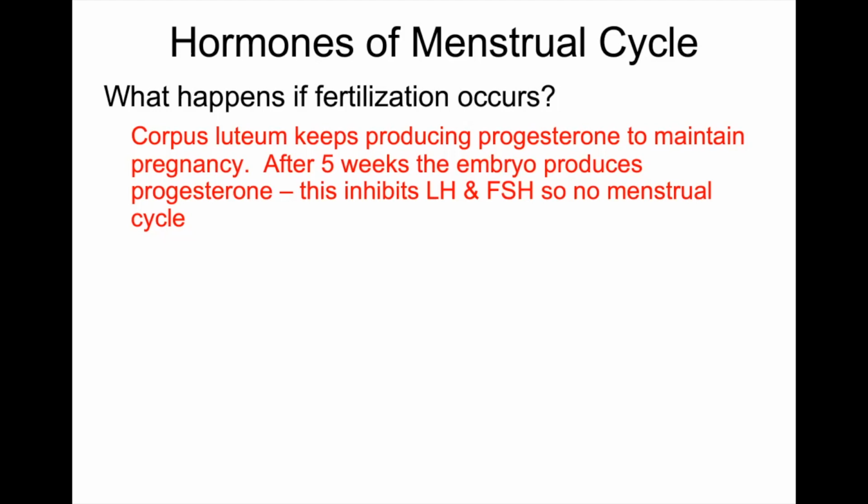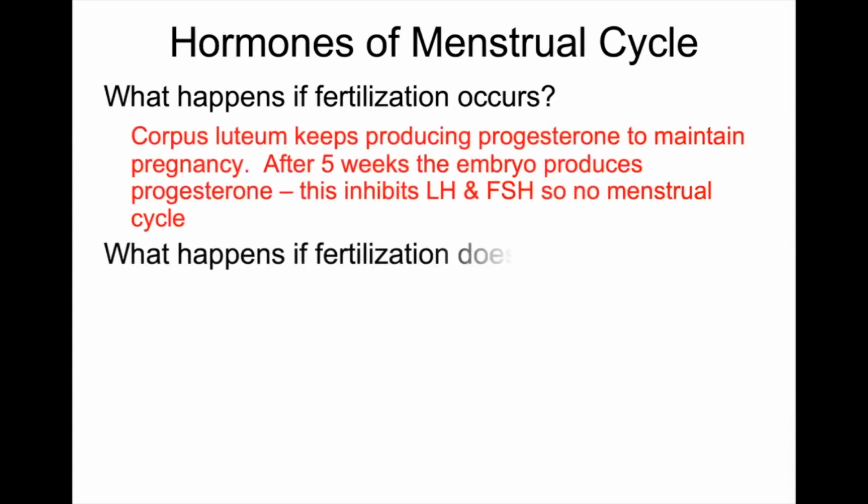The idea here is that progesterone is important to maintain the pregnancy. As a result of heightened progesterone feedback, you tend to see a decrease or a complete inhibition of luteinizing hormone and follicle stimulating hormone. That, in turn, turns off the menstrual cycle. So you would stop having the monthly period.